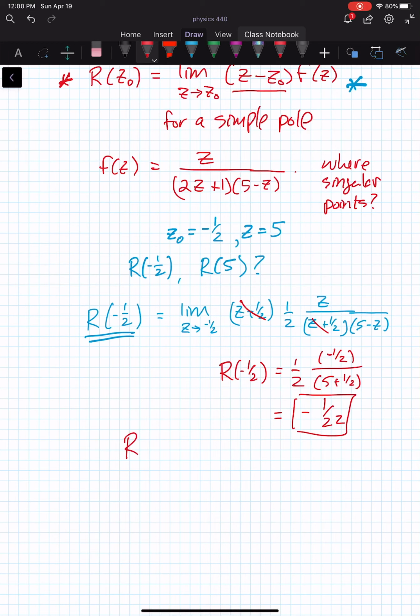When you try finding the residue at z naught equals 5, you should find minus 5/11. So try that for fun and profit.